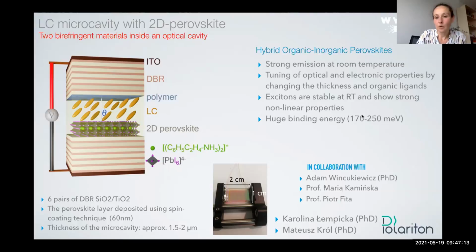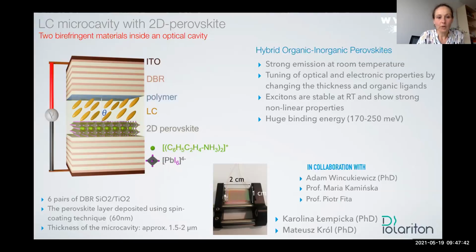The perovskites also have a very huge binding energy, so they were like perfect materials. We deposited a two-dimensional perovskite layer on one of the mirrors, and designed the structure to have the maximum electromagnetic field distribution exactly at the position of the layer. Then we could tune the orientation of the liquid crystal molecules by the external electric field.